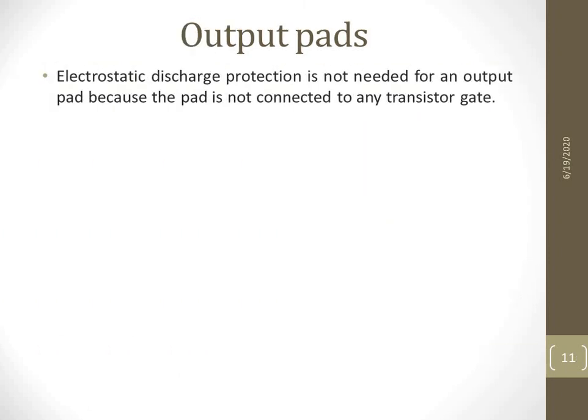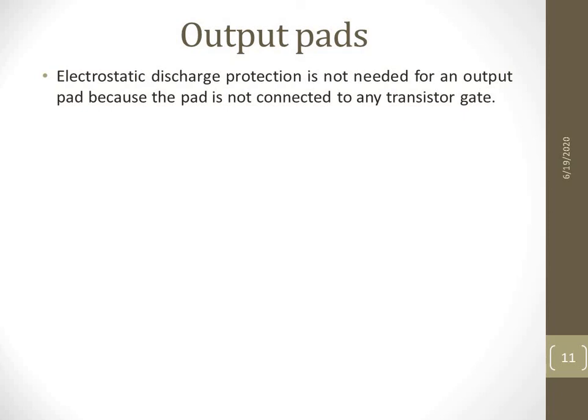What about output pads? Electrostatic discharge protection is not needed for an output pad because the pad is not connected to any transistor gate, whereas input pads are connected to transistor gates. On a chip we take the transistor count, and all the MOSFETs operate with the gate voltage, so to the gate we need to give the input, which is given through the input pads.